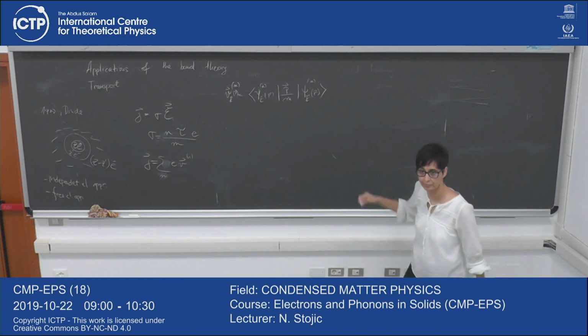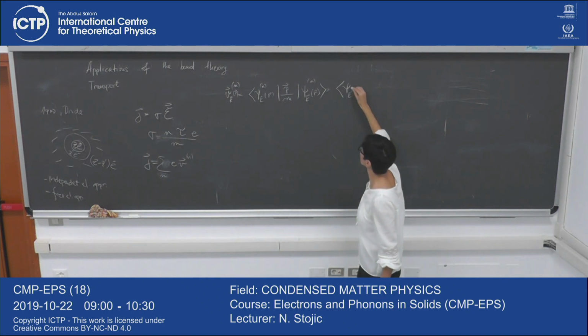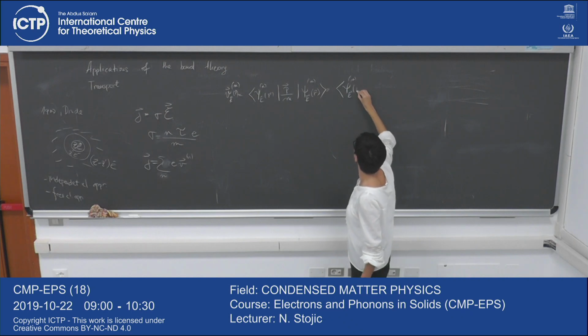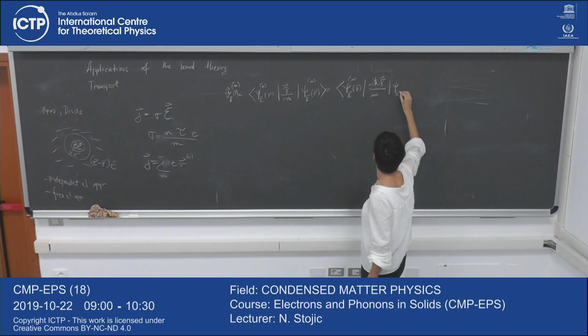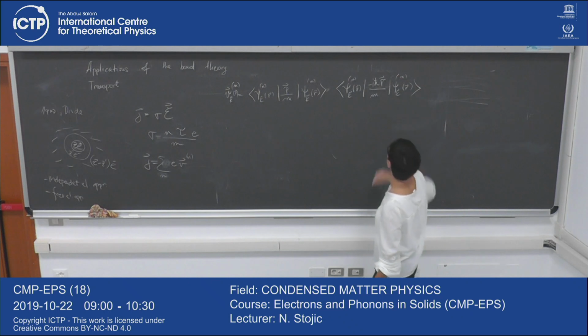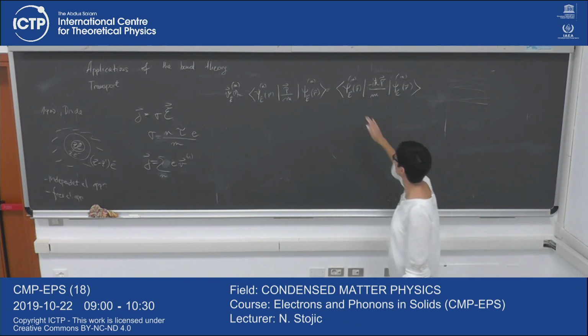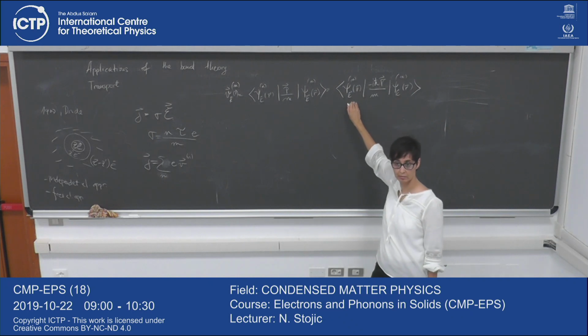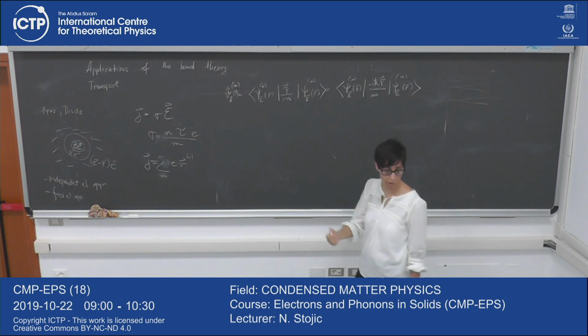This you know. And this is equal to minus iħ over m gradient, but I can also write this as a Bloch state, separating the phase and the periodic function.